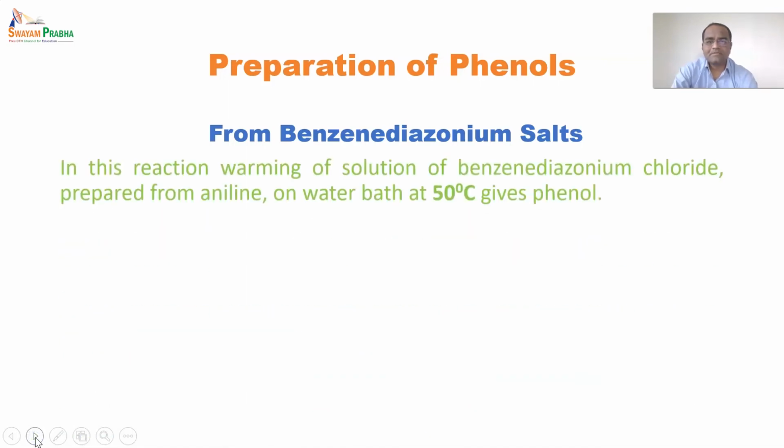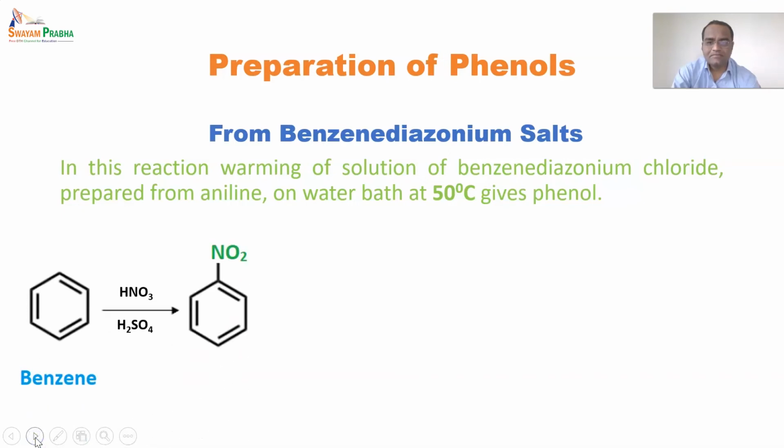Next, that is from benzene diazonium salt. In this reaction, warming a solution of benzene diazonium chloride prepared from aniline on a water bath at 50 degrees Celsius gives phenol. So benzene, when treated with nitrating mixture, that is HNO3, nitric acid, and H2SO4, sulfuric acid, forms nitrobenzene.